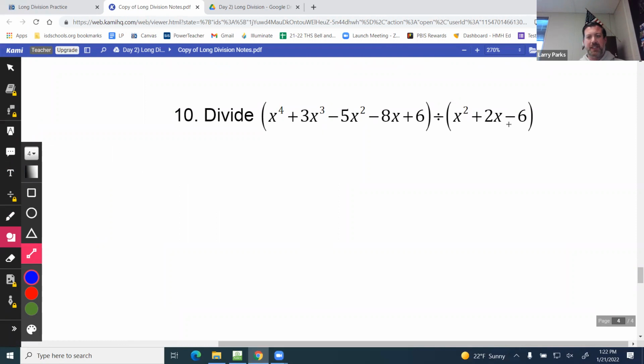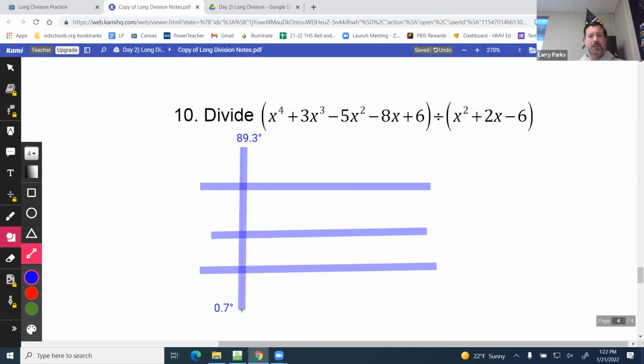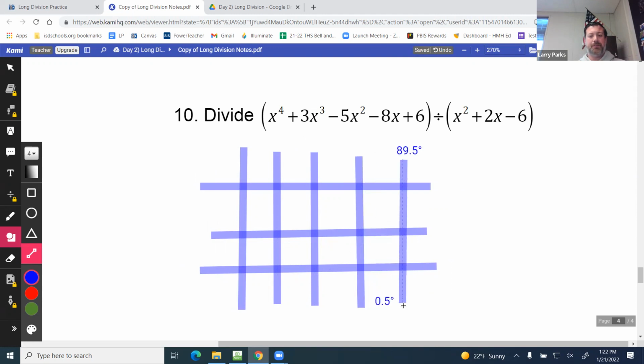All right, so I need 3 lines this way because it's x squared. So I go bam, bam, bam. Maybe you could draw straight lines. I can't. And then it looks like we need 5 that way. So 1, I can count, 2, 3, 4, 5.